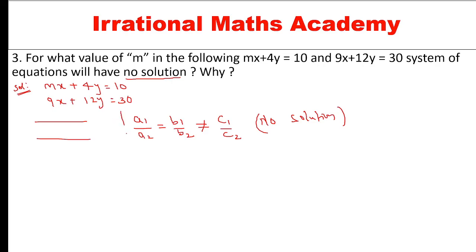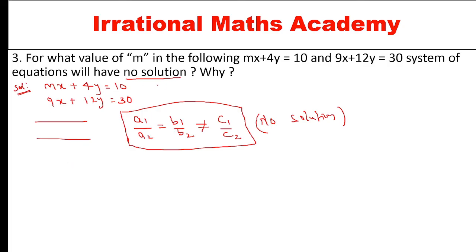So this is the condition we are supposed to use to find the m value. Unique solution, if they say A1 by A2 not equal to B1 by B2, and if they say many solutions or infinite solutions, in that case coincident lines, that is A1 by A2 equal to B1 by B2 equal to C1 by C2. But in our case, no solution, so we'll use this condition.